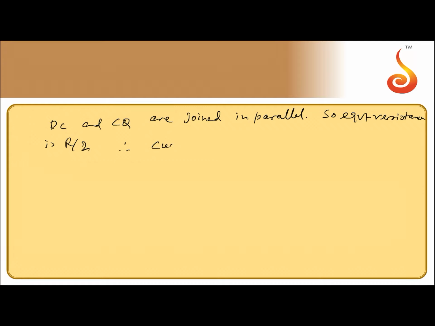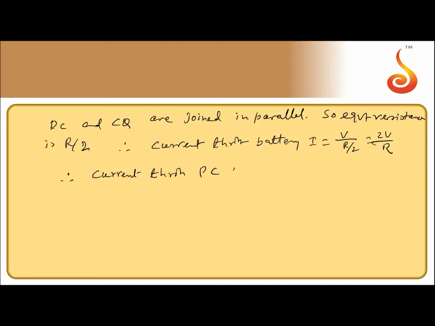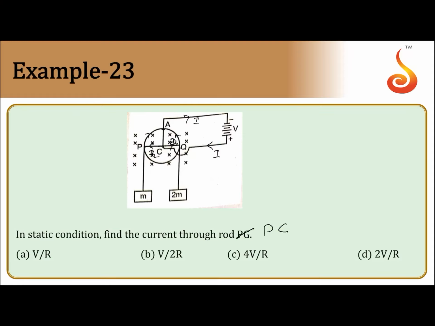So current through battery is V by R. So therefore current through PC and CQ, yes, option A.